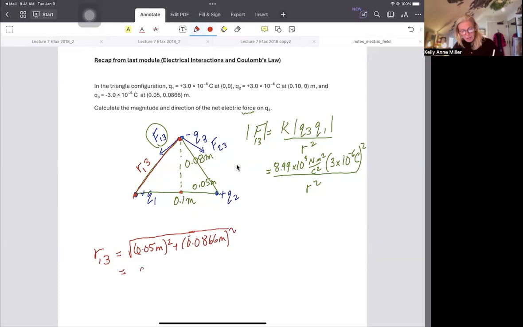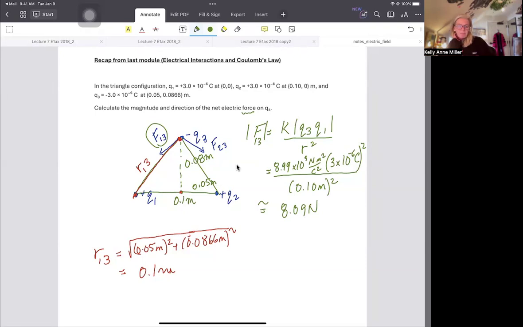So if I do that out, I get 0.1 meters. Okay, so that's the distance between Q1 and Q3. It's also the distance between Q2 and Q3. So I can now put that into my equation for r squared. So that's going to be 0.10 meters squared. Okay, so if I multiply that all out and divide, I get just about 8 newtons.